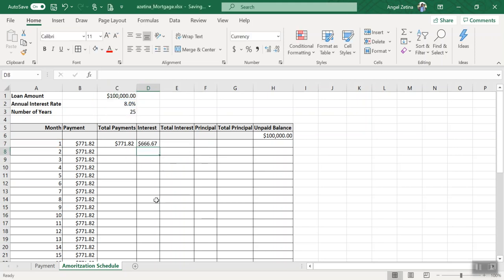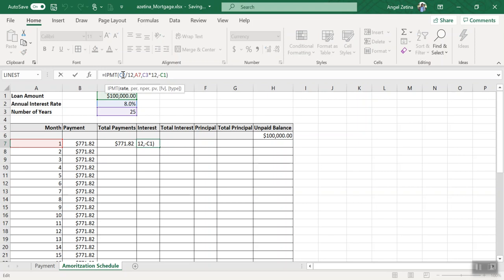Now remember, we're trying to use this formula throughout the entire table, but if I drag down, it will give me an error. The reason, again, following the same process, is that some of these entries should not change in the formula, so we make them absolute. The ones that should not change are C2, which is the annual rate. So we press F4.